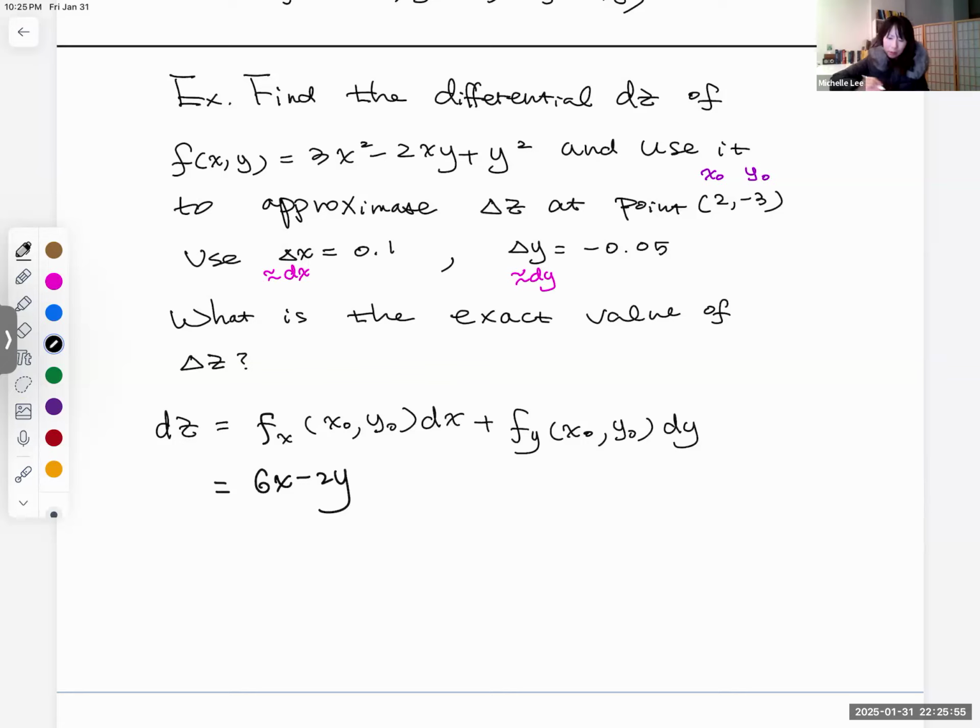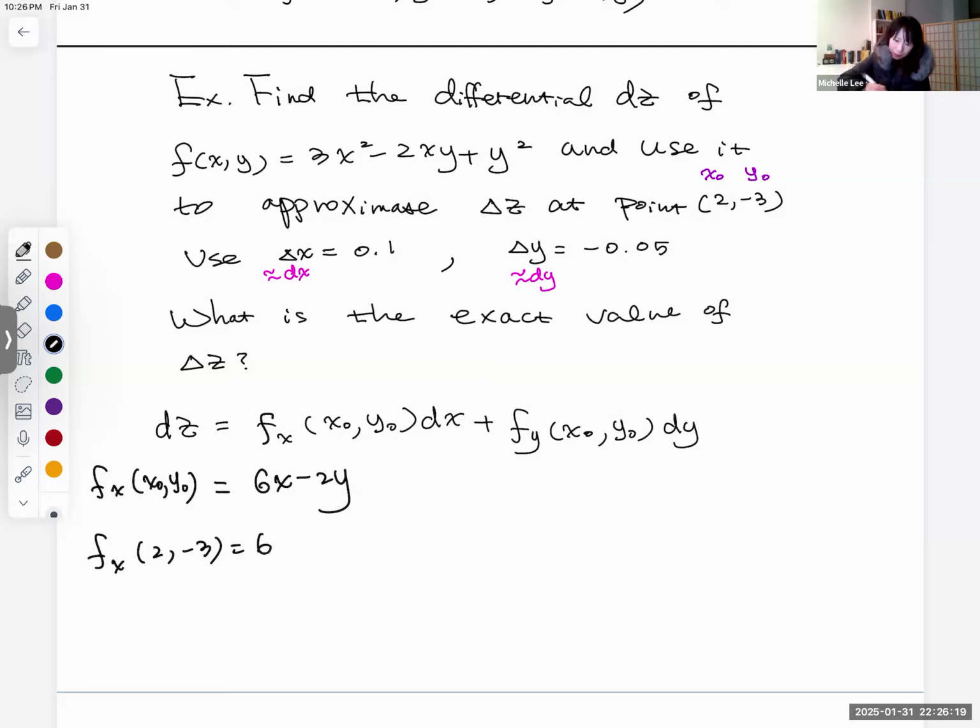Then let me arrange it this way first. And then we need to substitute x naught, which is 2, y naught, which is -3, right?